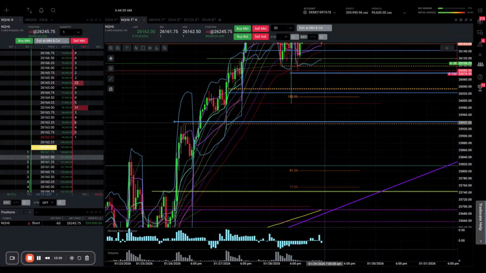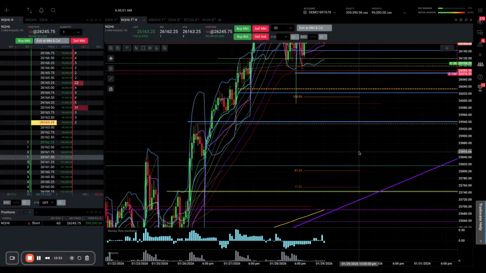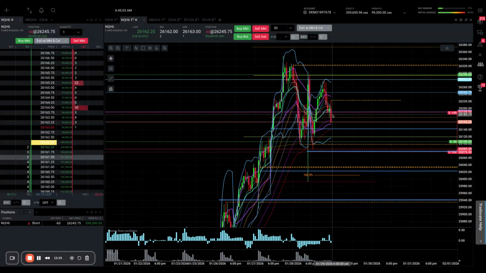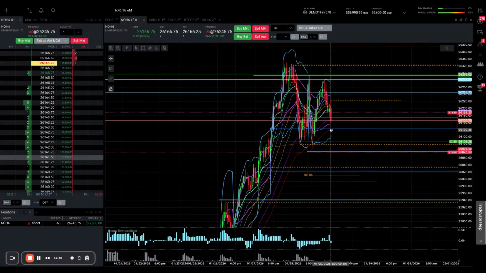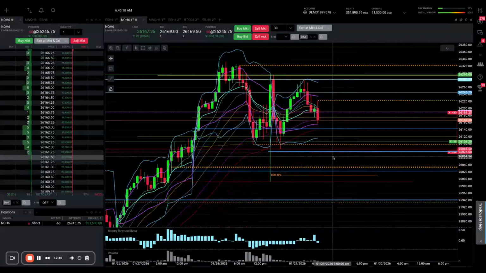Don't look for a pop-up. It could just keep flushing. However, if price is moving slow like this, barely going, then you have a better chance of getting a bounce back up here, guys.